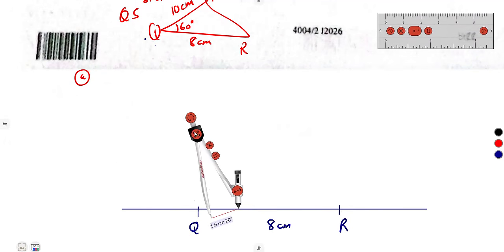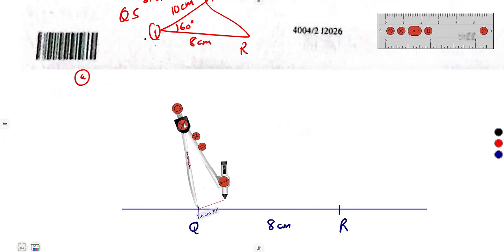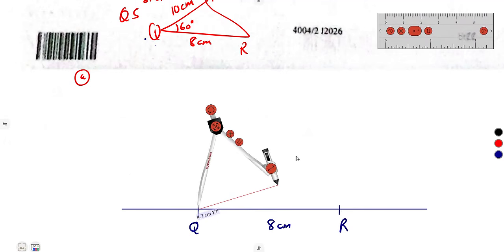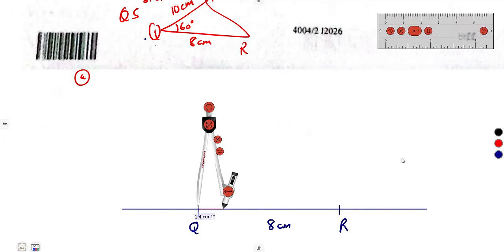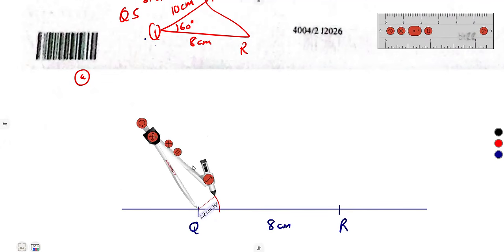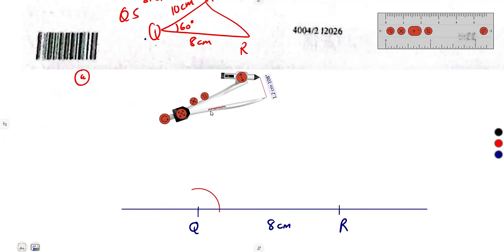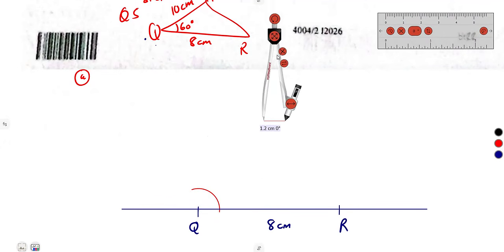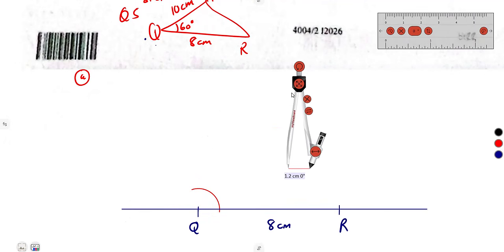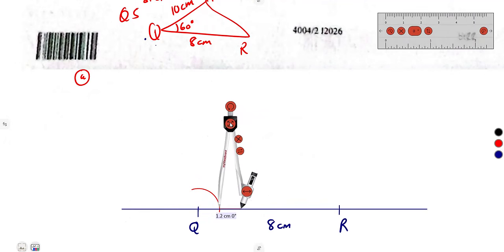So how do you construct from the point Q? Just open a certain length of your choice. Construct an arc with that length. From this, construct an arc without changing the length. On this part here, without changing the length, construct another arc from the end here, between the arc and the line.